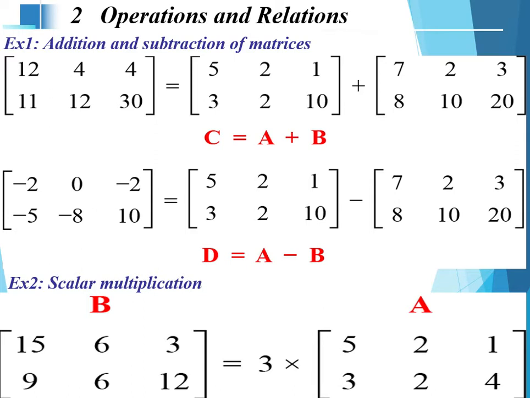This addition is shown as C equals A plus B. You may add 5 with 7 equals 12, 2 with 2 which is 4, 1 with 3, which is 4. Similarly, in the second row, 3 with 8 is 11, 2 with 10 is 12, and 10 with 20 is 30. This is the example for the addition of matrices.